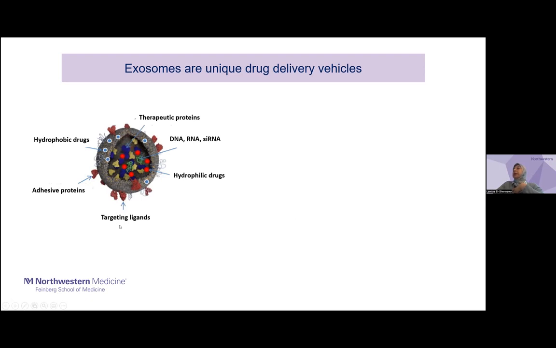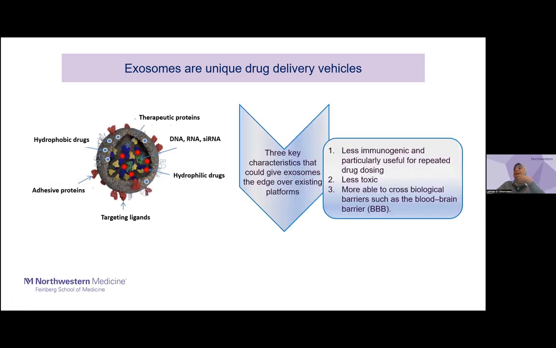Targeting ligands can also be found, thus rendering exosomes a targeted drug delivery system or platform. This platform has three key characteristics that give it an edge over existing platforms. They are less immunogenic, so they are particularly useful for repeated drug dosing. They are less toxic. They are more able to cross the blood-brain barrier.